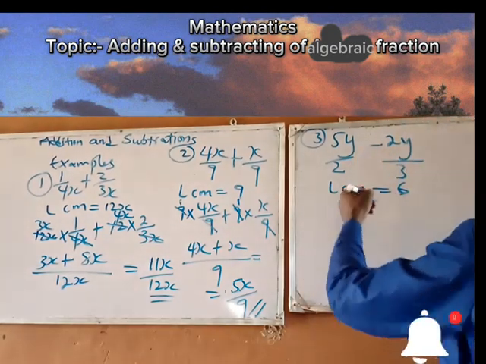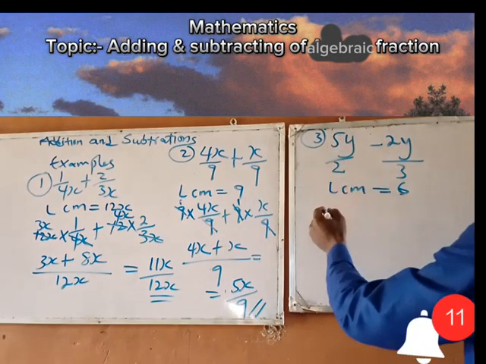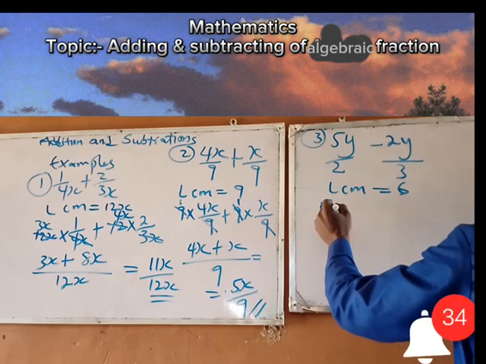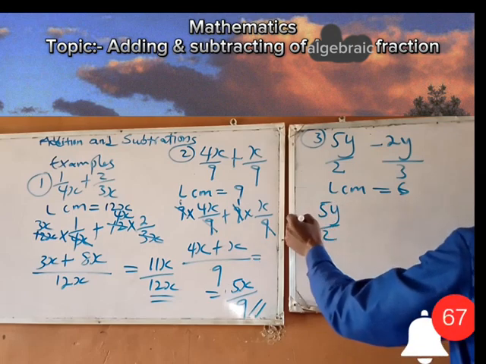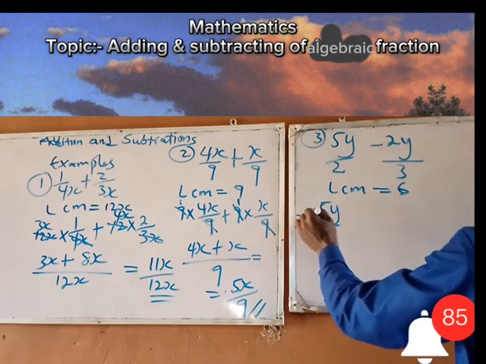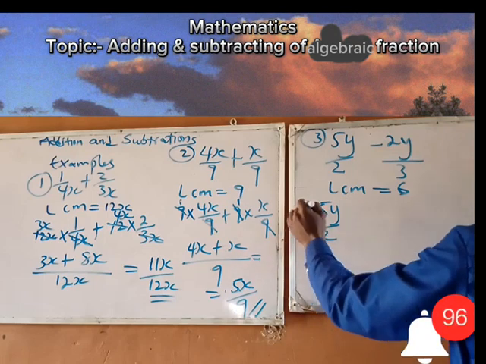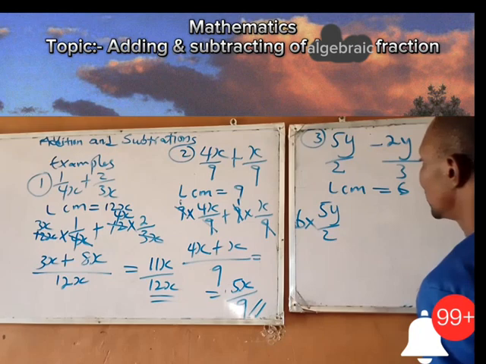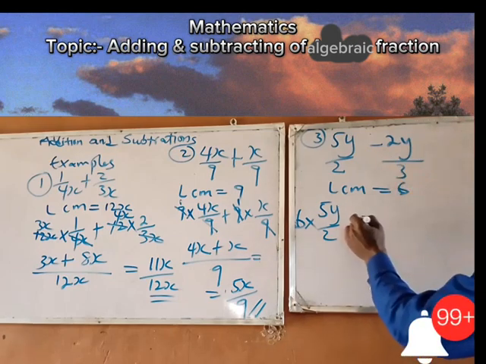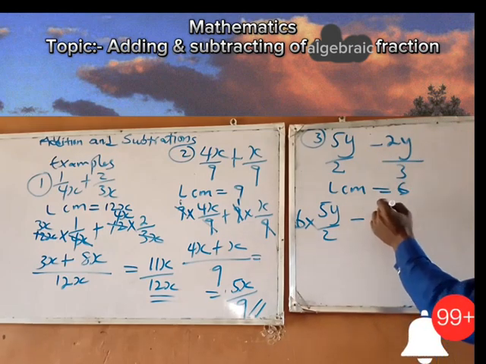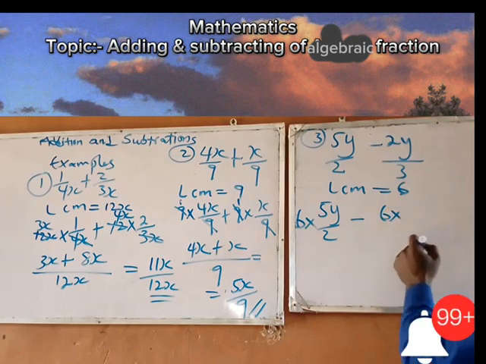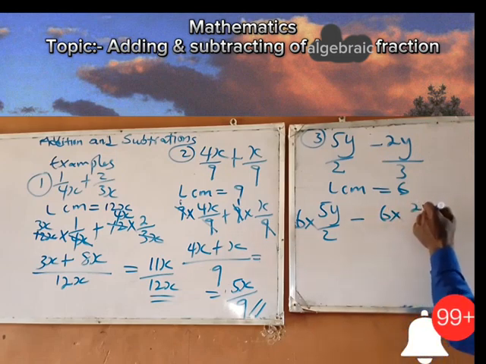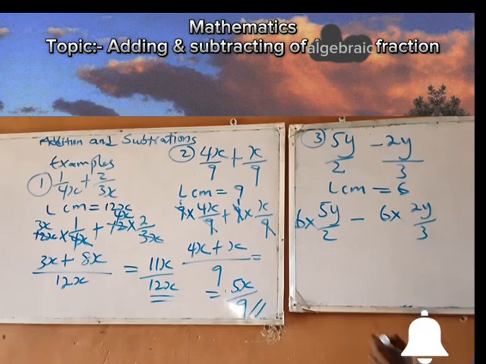So use the LCM to multiply each term. 5y over 2 is a term, so multiply it by 6, which is the LCM. Then we have minus here, minus 6 multiplied by 2y over 3.